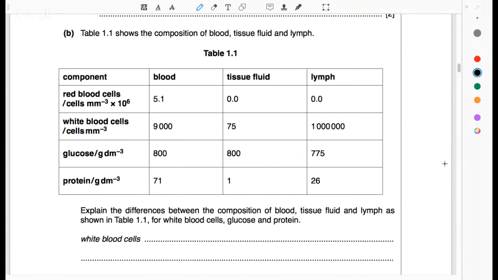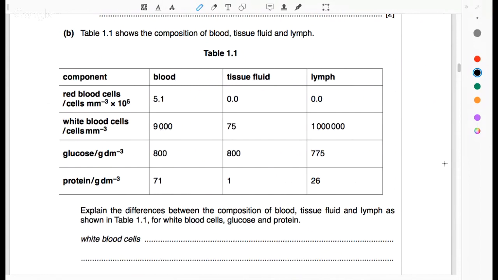So the lymph passes a lot of the fluid lost in the capillaries, and it returns back to the veins. Yeah, good. But it also contains pathogens and other invasive microorganisms.